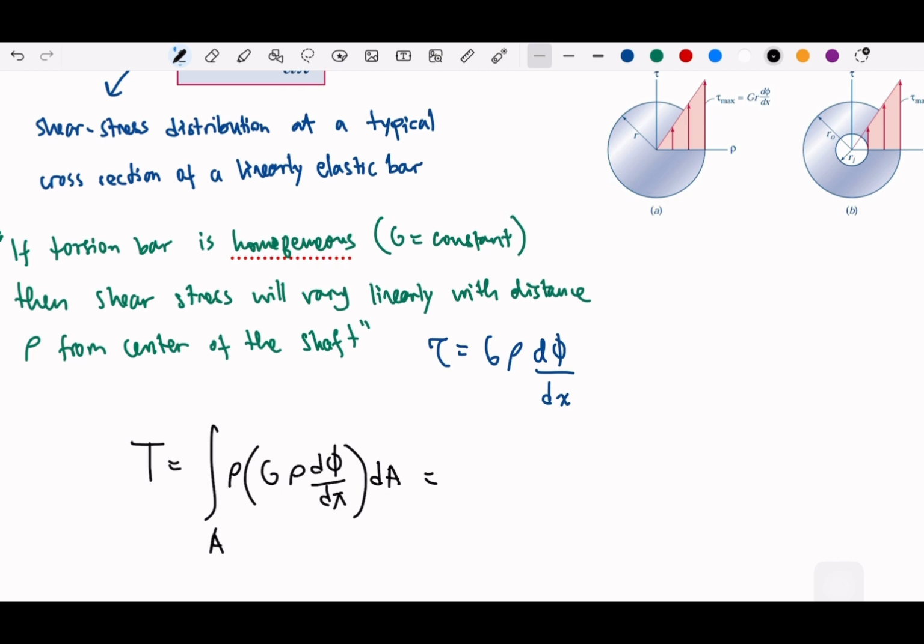G is constant, so we can take out G and the twist rate and integrate only with respect to A, because the only thing that varies is the radius, so rho squared dA.